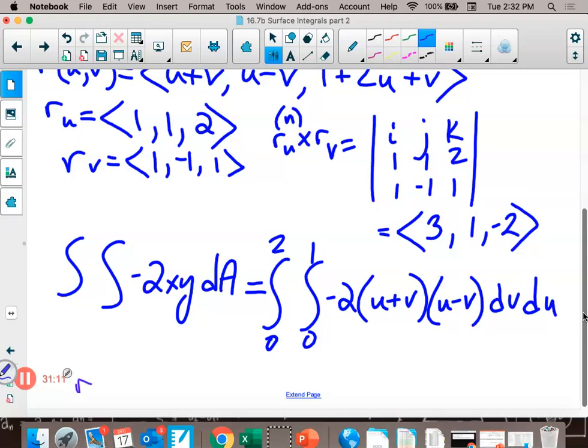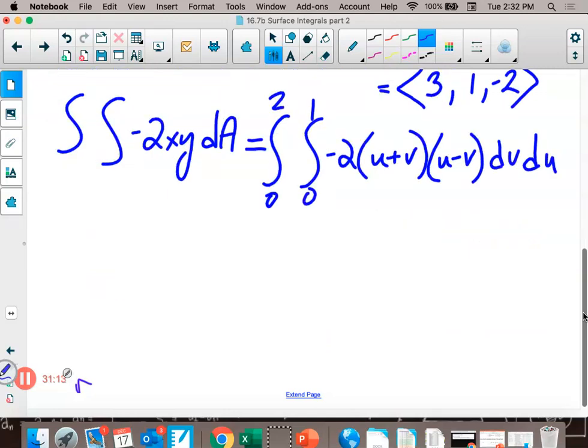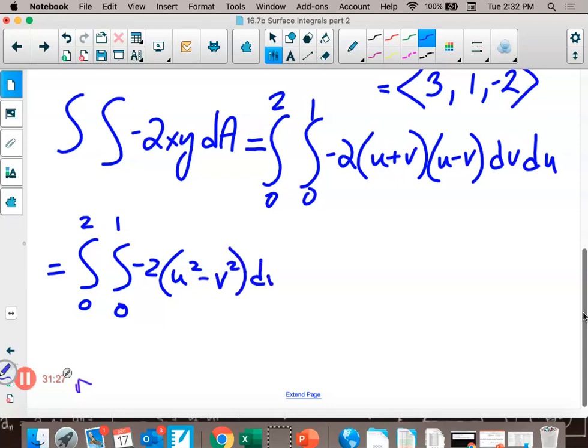So not bad. I mean, we got to do it, but it's not bad. So u squared plus uv minus uv minus v squared, this is u squared minus v squared, du.